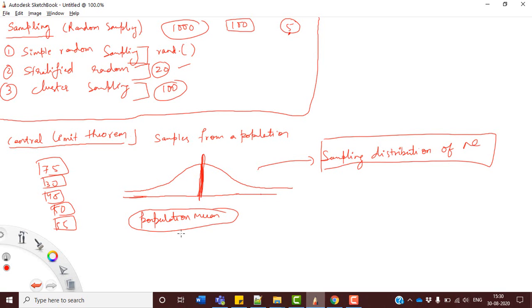Now why is it important, and what is the central limit theorem exactly? It states that no matter what the distribution of the population is, the sampling distribution of the mean approaches normality.